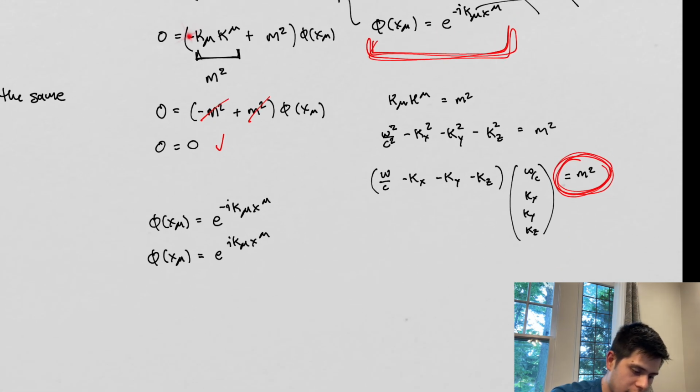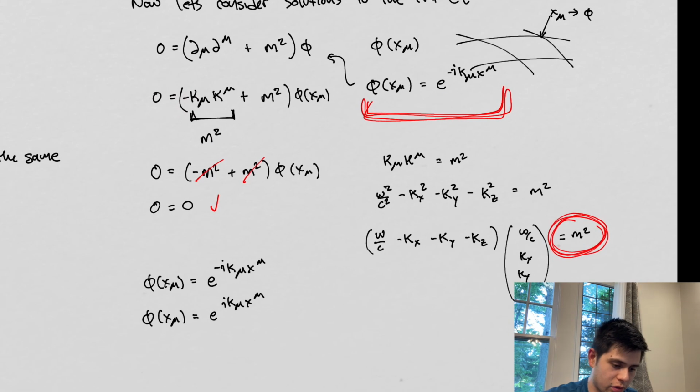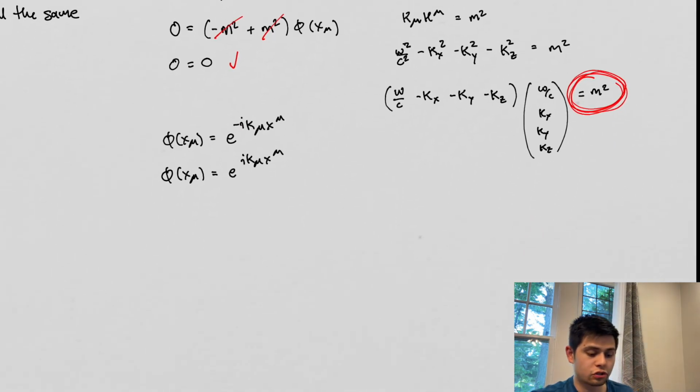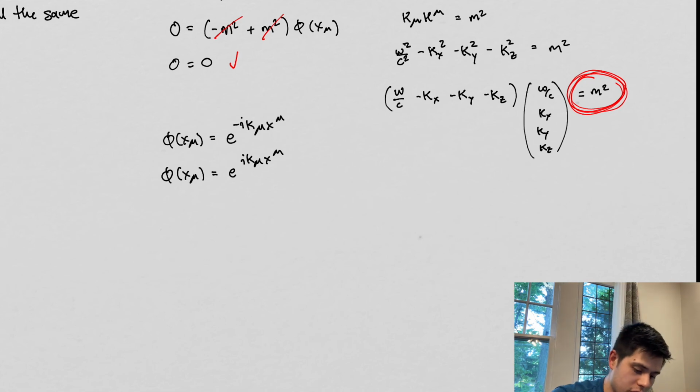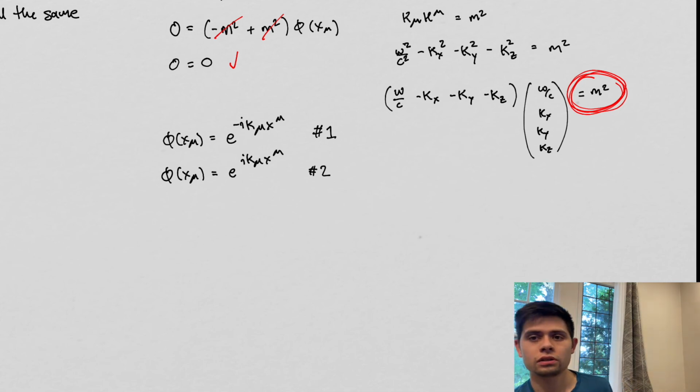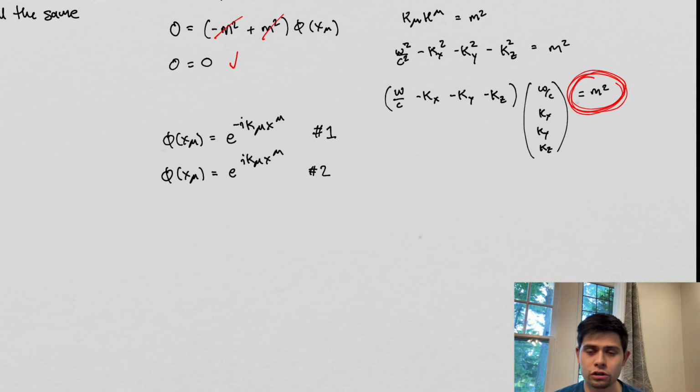Again, this minus sign comes from, actually, I think I misspoke earlier. This minus sign comes from the i, right? So these should work, right? So this is proposition number 1, and this is proposition number 2. Well, as we know, any combination of two waves is also a wave, and so that means any combination should also be a solution to the Klein-Gordon equation.